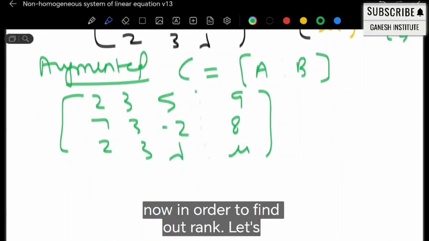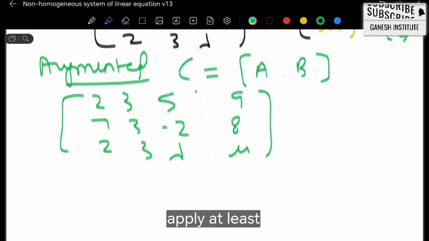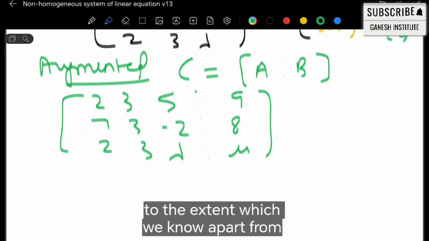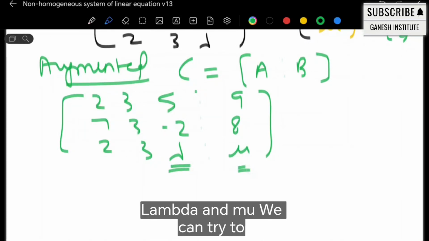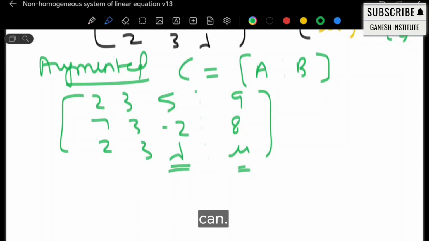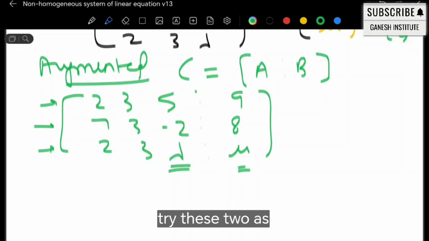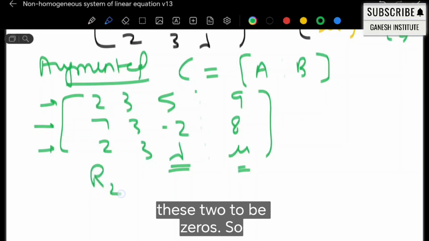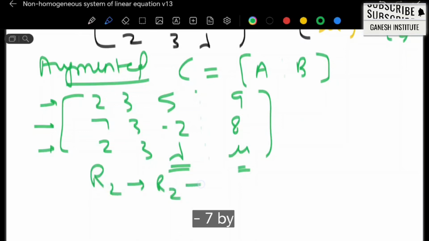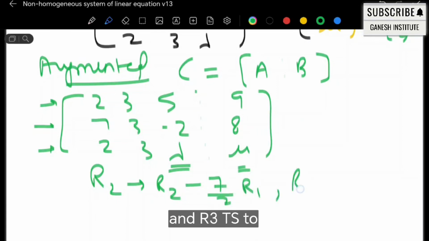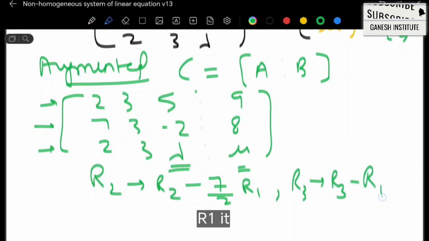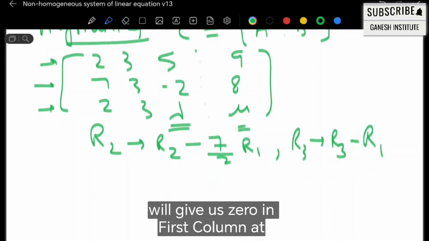Now in order to find out rank, let's apply at least to the extent which we know, apart from lambda and mu, we can try to make as many zeros as we can. So keep R1 as it is. We can try these two to be zeros. So R2 tends to R2 minus 7 by 2 R1 and R3 tends to R3 minus R1. It will give us 0 in first column at least.